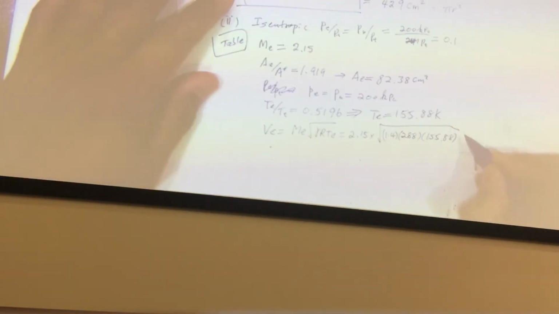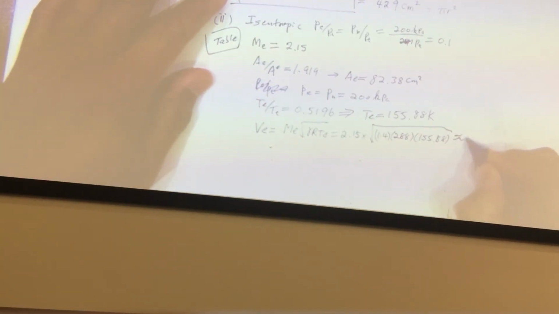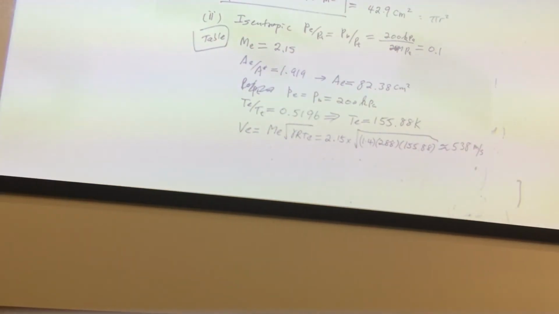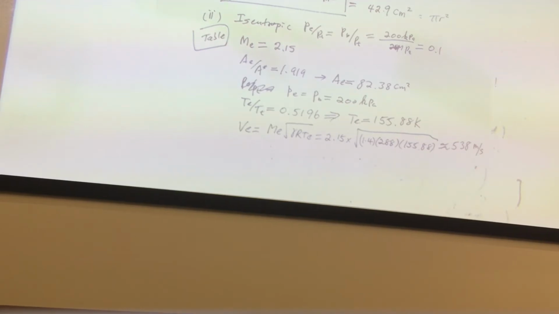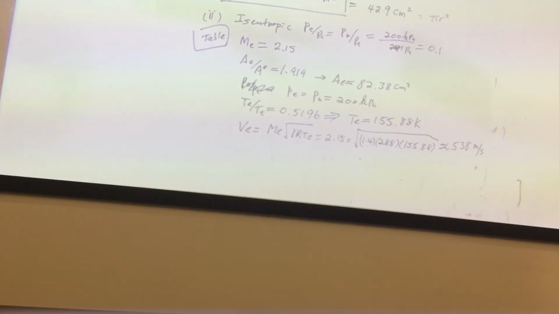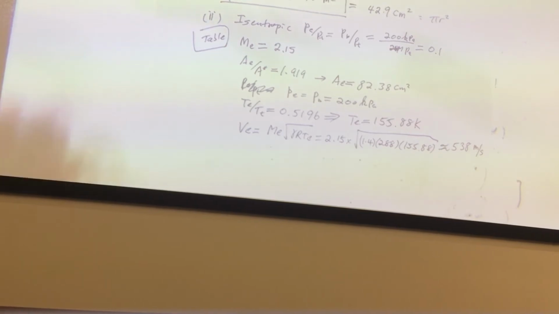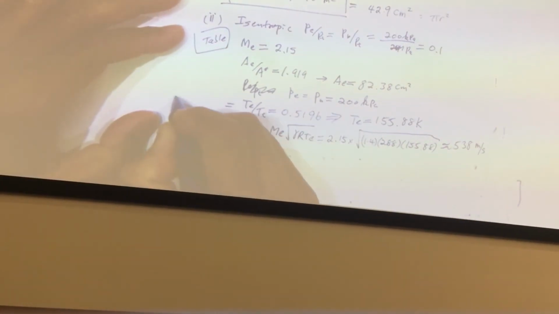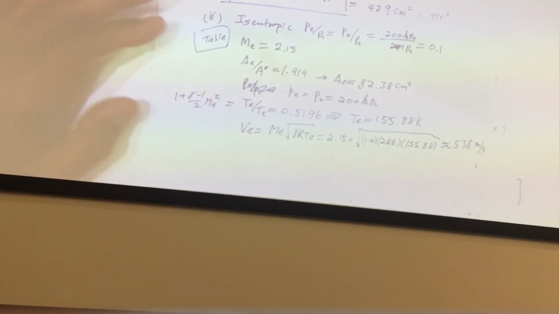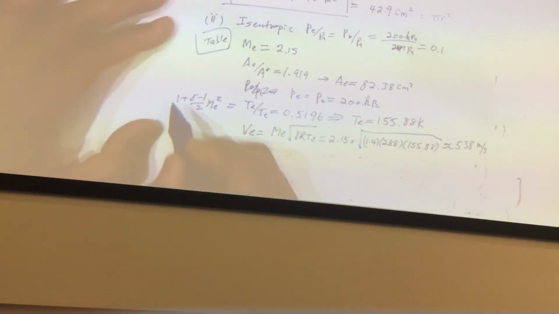This will give you 538 meters per second. And you imagine this is a rocket nozzle, that's what you will find also. Where did the 0.5196 come from? From the table, isentropic flow. Or you can do this, and you can also use this.